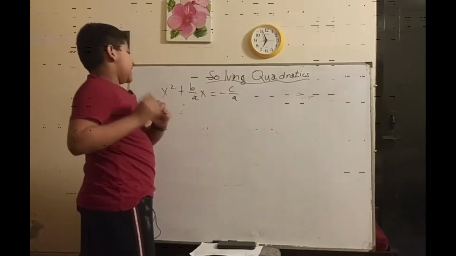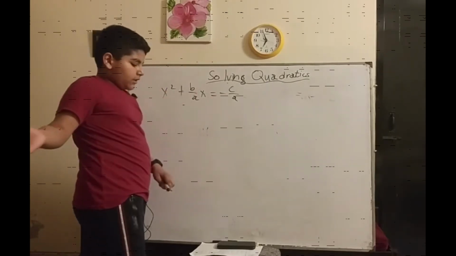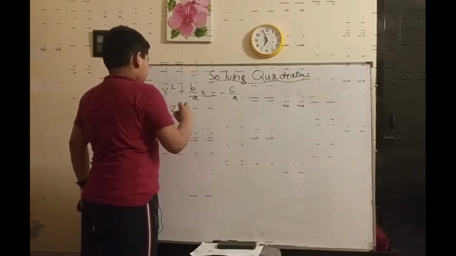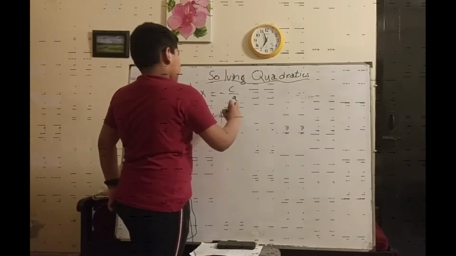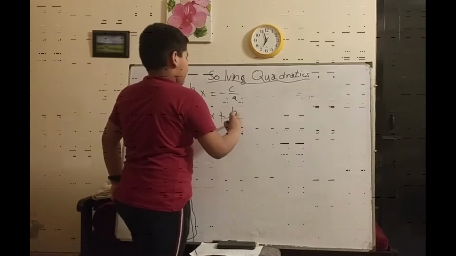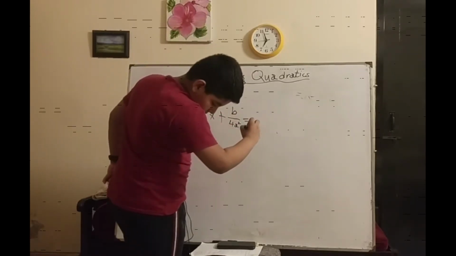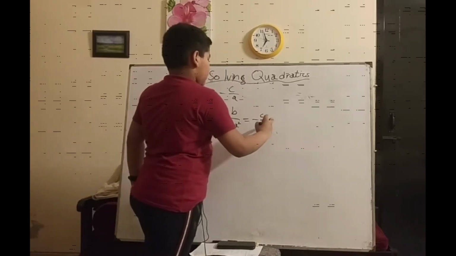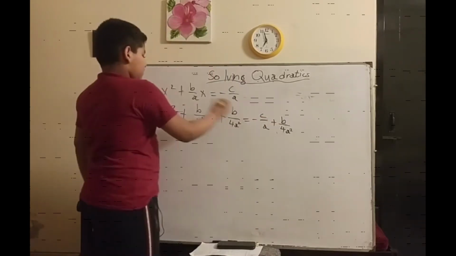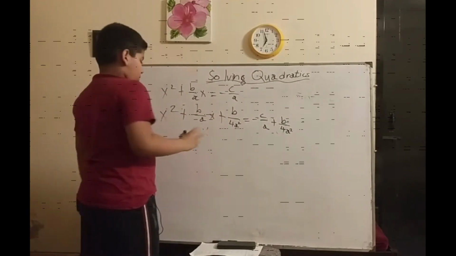Now by this, we have to complete the square. Using a lot of mathematics, we can see that it is x squared plus b over a x plus b squared over 4a squared equals negative c over a plus b squared over 4a squared. Now the first side will be a perfect square.